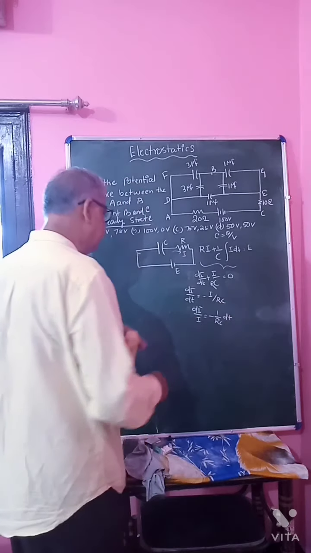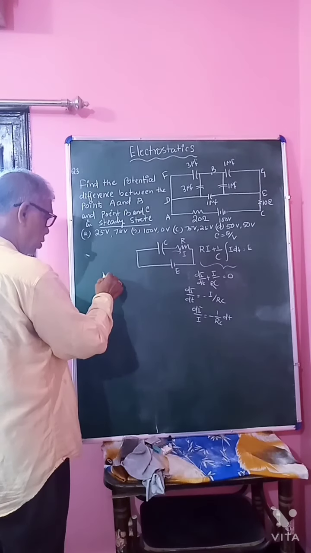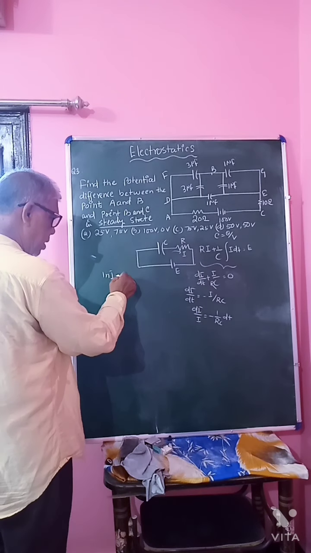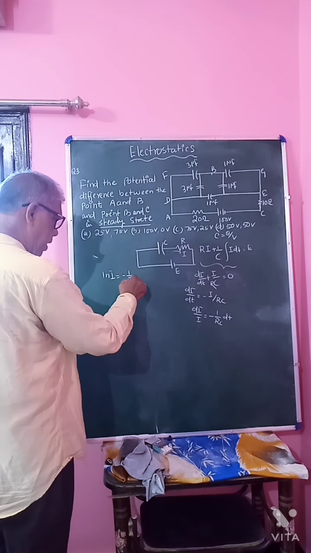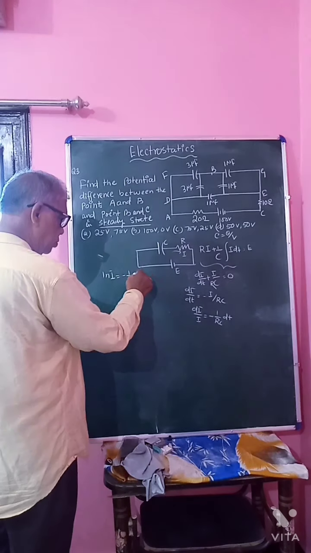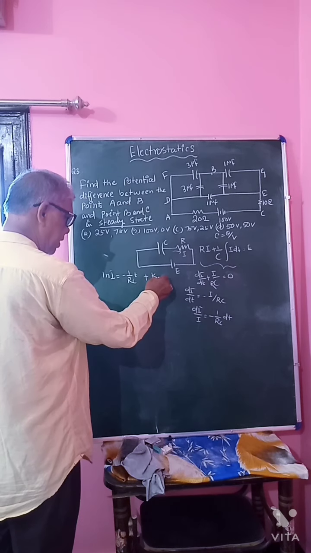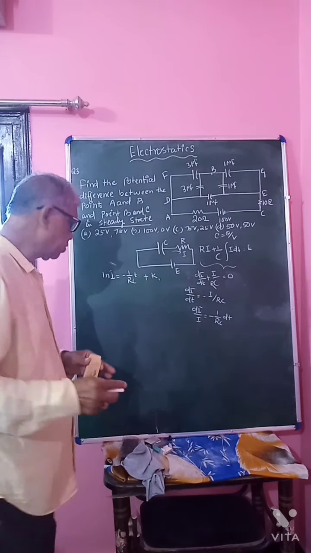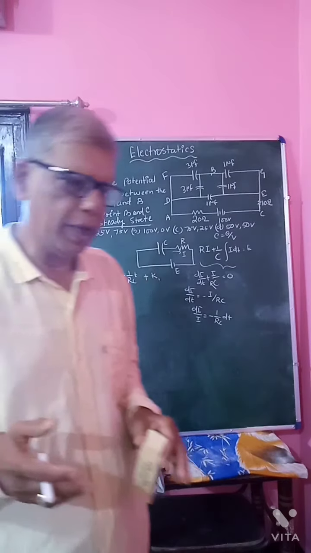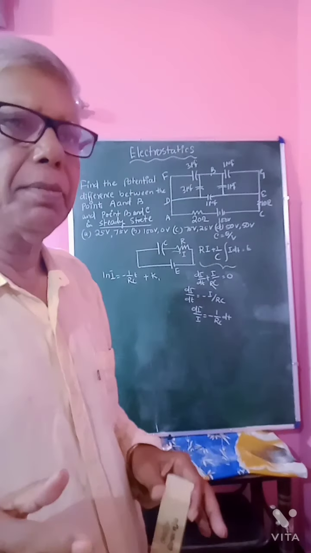On integration, we have ln I equals minus 1 by RC into t plus some constant of integration, say K1. Now, this constant can be determined from the boundary condition.